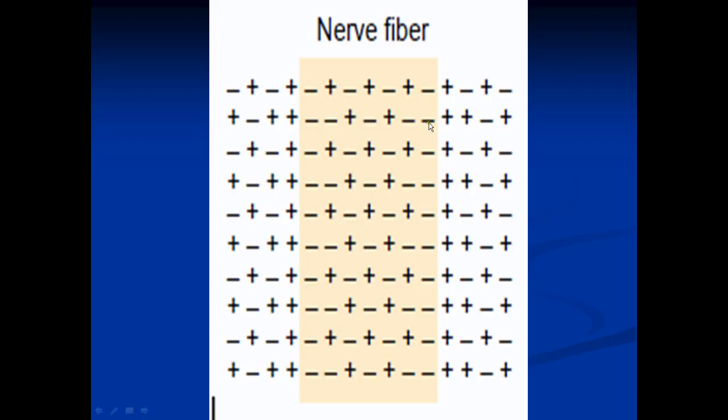But just inside the cell there is always negativity. Just outside the cell there is always positivity. That's why the cell remains in a polarized form during the resting condition. When no signal is transmitted, inside the cell is negativity, outside the cell is positivity.